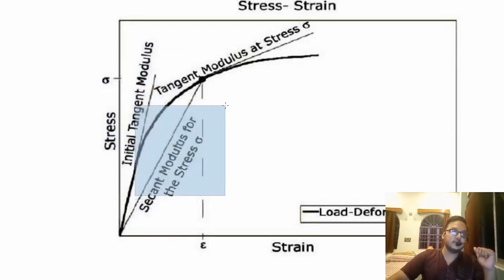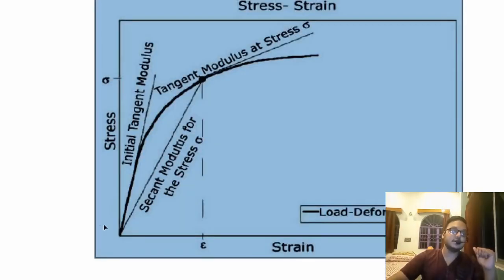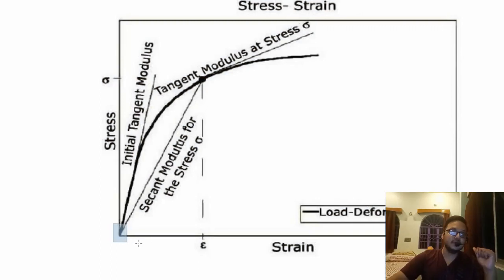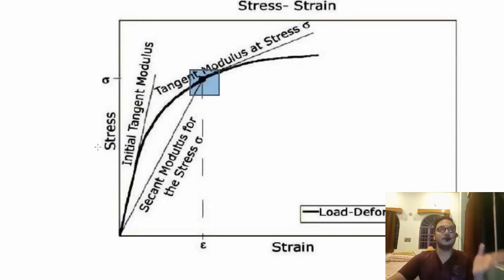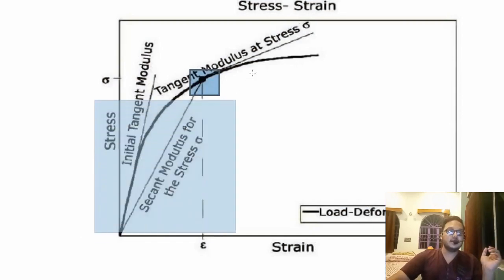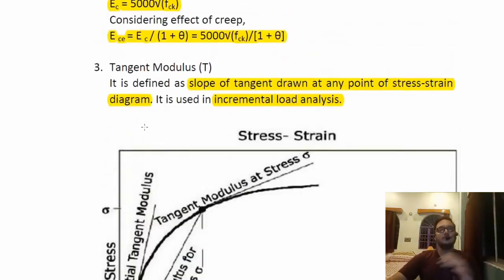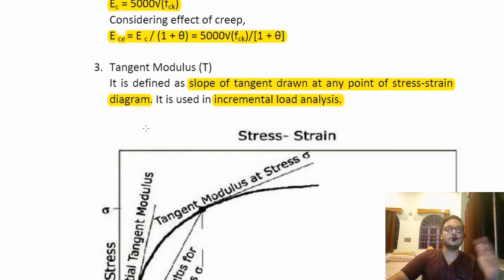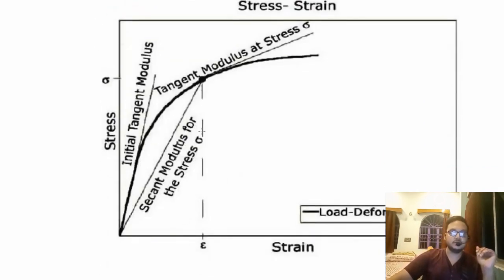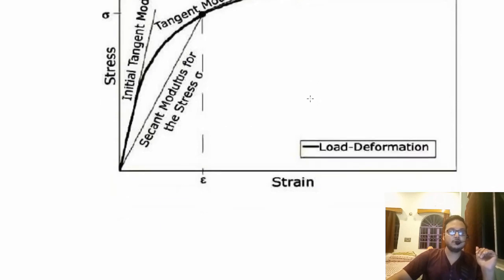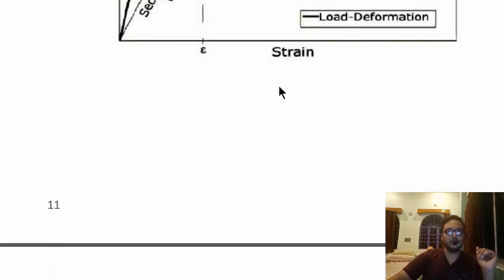Next is the second modulus for the stress sigma, the line joining this initial point and the point where the stress is 1/3, and this line is the second modulus. The tangent modulus is the tangent which can be drawn at any point, and that slope gives us the tangent modulus. So I will stop this video over here.